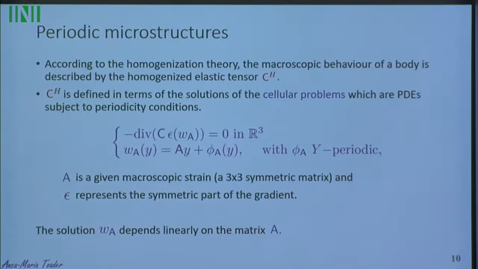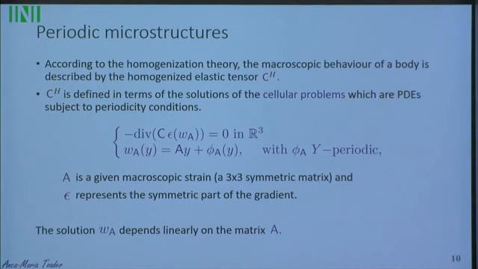So here are the cellular problems, in the way you can find in the books by Grégoire Allaire. According to the homogenization theory, the macroscopic behavior of a body is described by the homogenized elastic tensor CH. So CH is defined in terms of the solution of this cellular problem we have here.